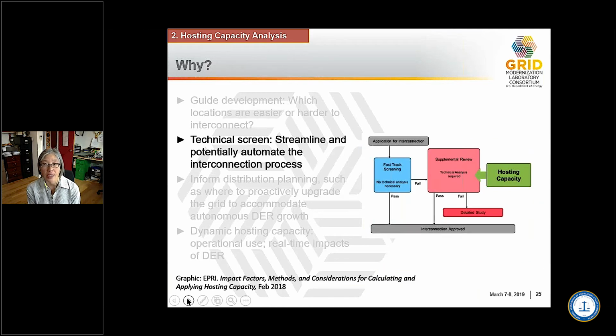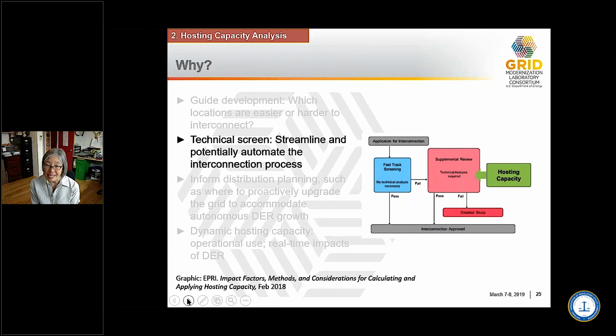Another potential use case is streamlining and potentially automating the interconnection process. A lot of utilities have, for example, a fast track screening process. If your project doesn't make it through that screening, you go into a supplemental review process that's a little bit more detailed. If you don't make it through that, you then go into a detailed interconnection study, and of course that takes a bunch of engineering time and money.